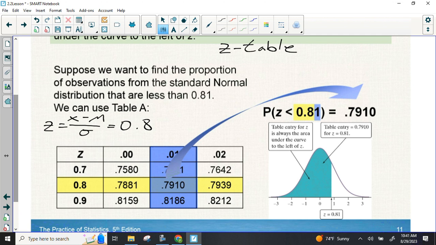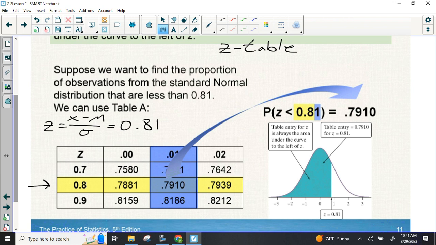If you want to know the percentile for a z-score of 0.81, not 0.08, my bad, there's a little glare on the screen, you would go to that handy-dandy z table and find your z row that has the 0.8.